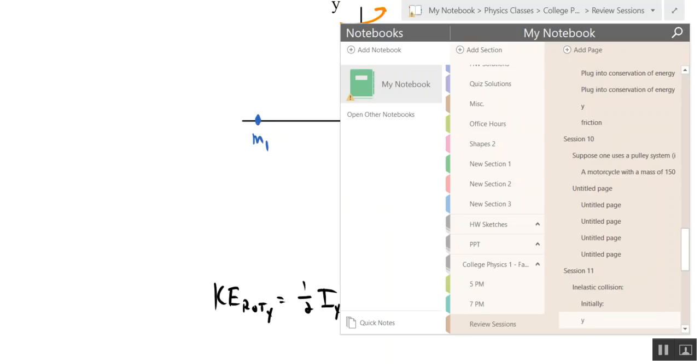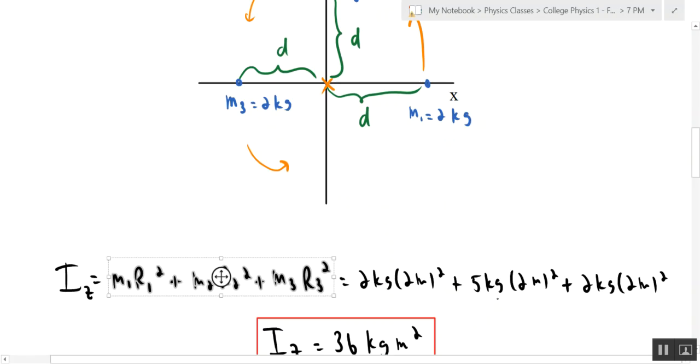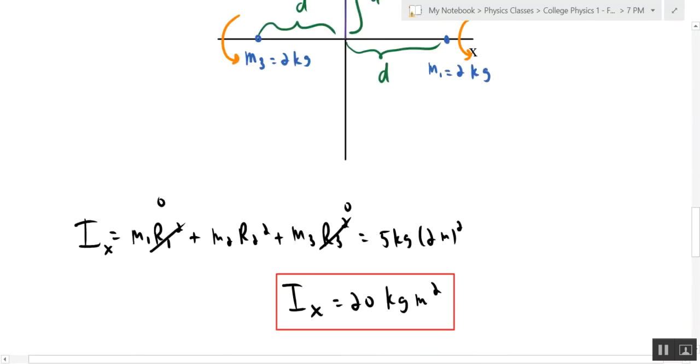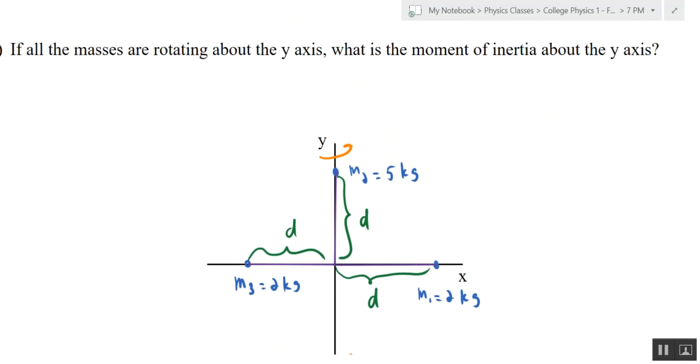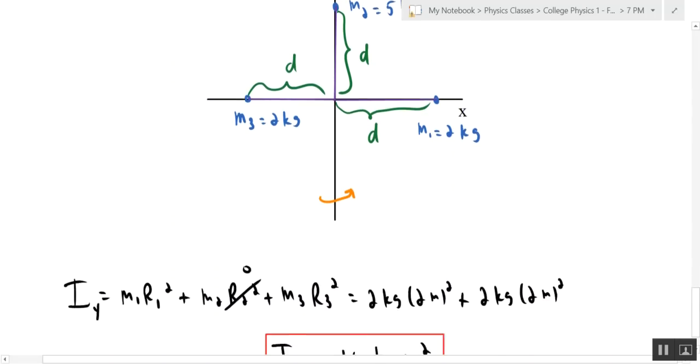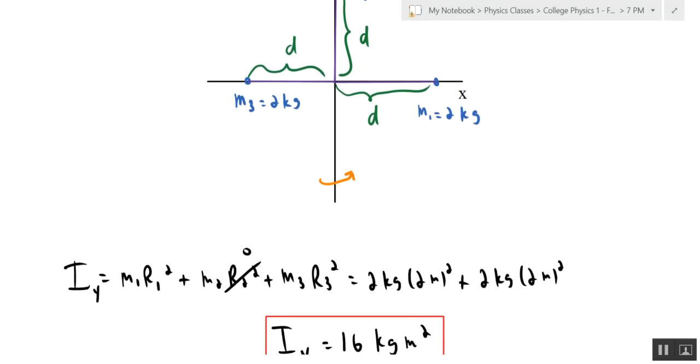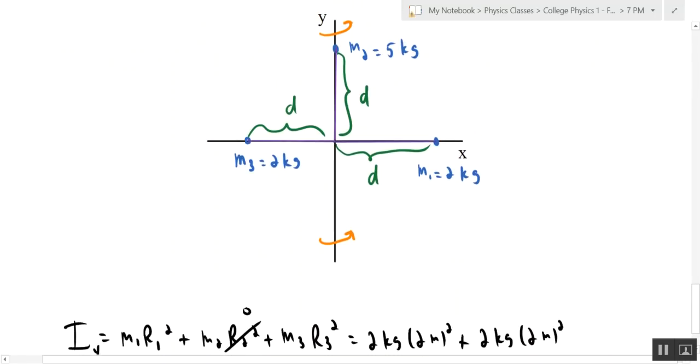We also did that in the notes. Remember? Okay, here. What's the moment of inertia about the y-axis, right? So what do you do for the moment of inertia about the y-axis? You only take into consideration the x-axis, because that's the only thing that's actually rotating. The ones on the y-axis don't contribute because they're on the y-axis, right? The distance to the y-axis is 0.